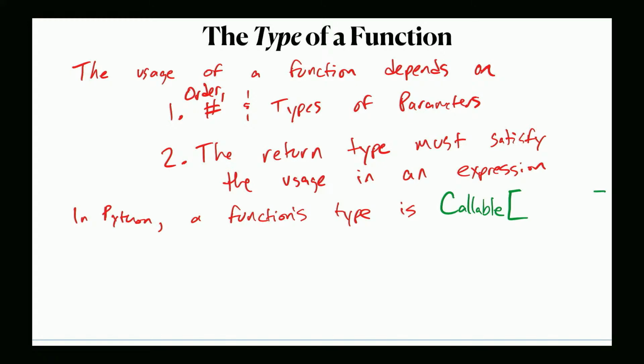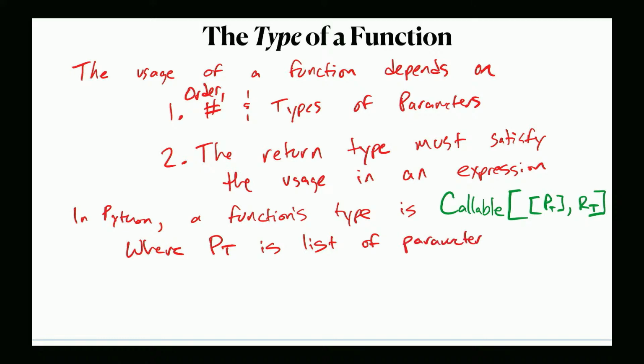And then in here, we specify param types and return type. So let me make this more concrete, where PT is list of parameter types, RT is return type.